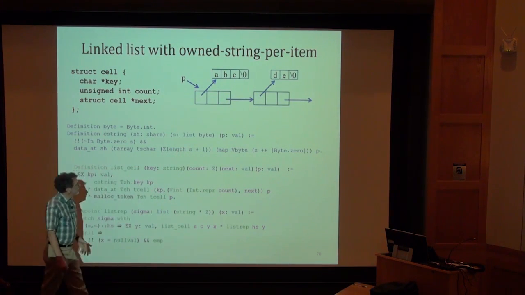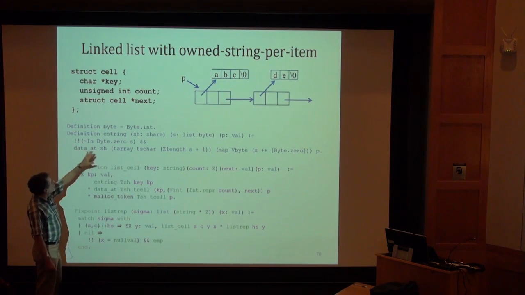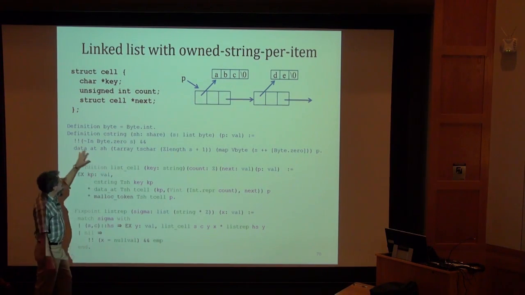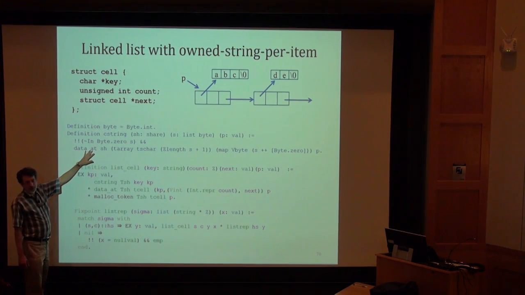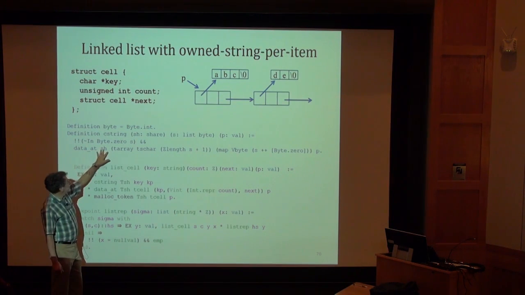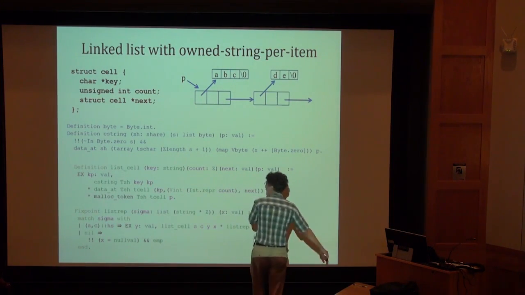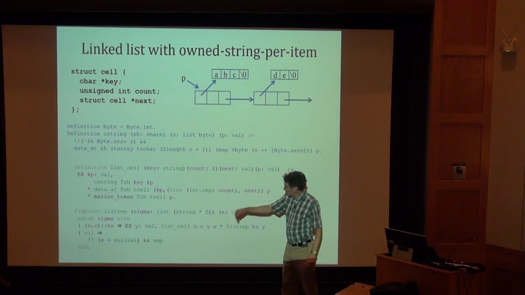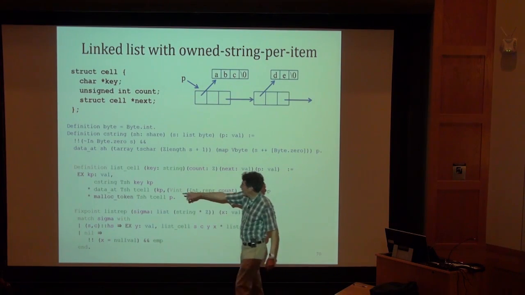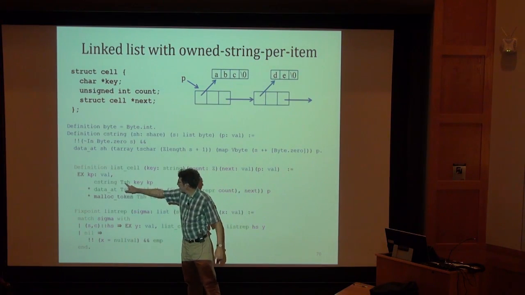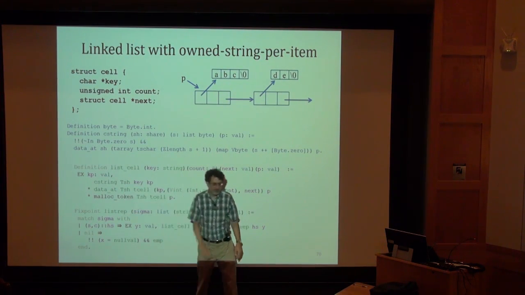And if you want to parameterize your things over shares, so if you put in a readable share, this gives you enough permission to read from the string, and if you put in a writable share, this gives you enough permission to write to the string, and so on. But in this list cell and list rep definition, I didn't bother. I just filled in the top share for the C string and the data at here.